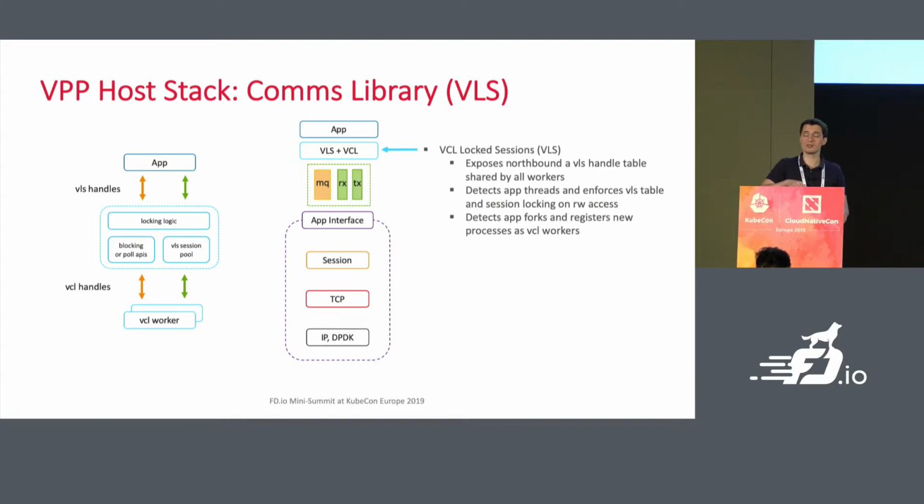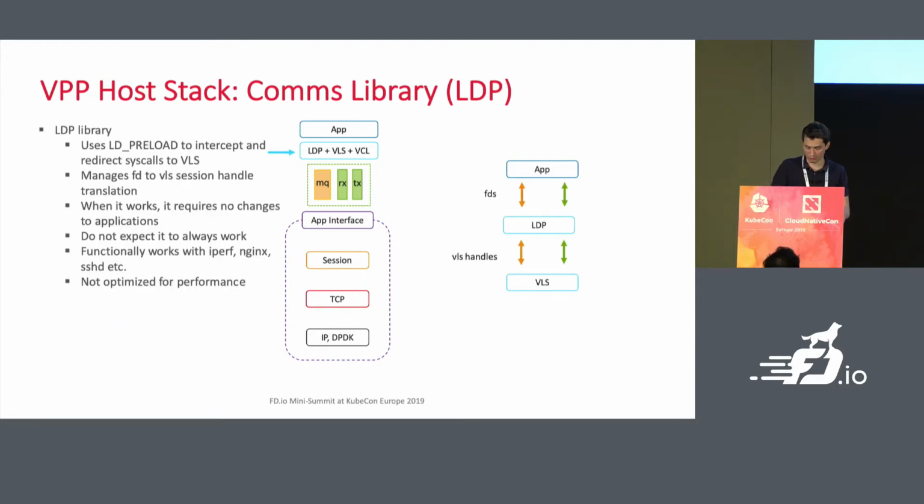We make sure that only one of those threads interacts with VCL and with the message queue. Now, to note here is VLS detects threads by itself. However, because it cannot tell exactly how those threads will share sessions and how they will interact with VCL underneath, it cannot register them as workers. In contrast to that, VLS does detect forking of an application, and whenever an application forks, VLS will register the child as a separate VCL worker.